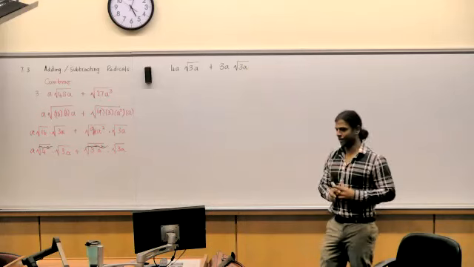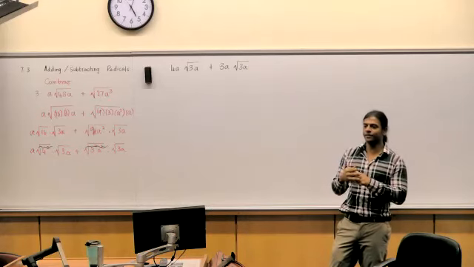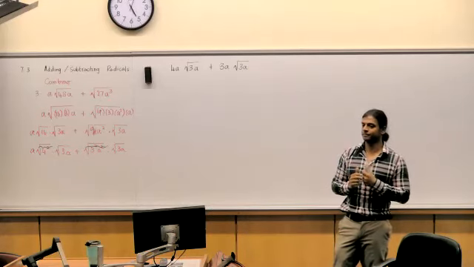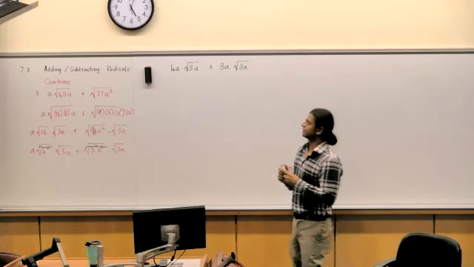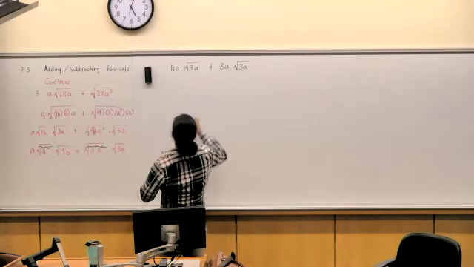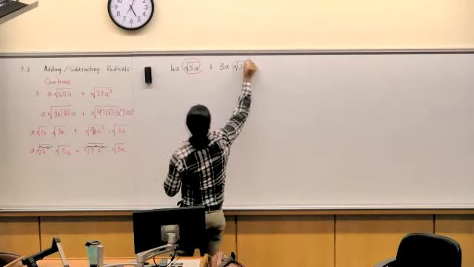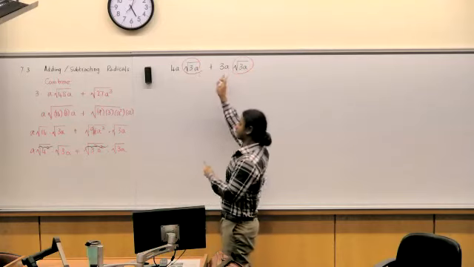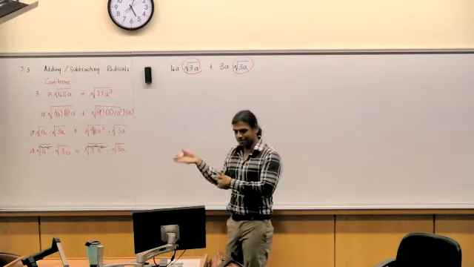In total, how many square roots of 3a's do we have? 7a. So again, 4a monkeys plus 3a monkeys, 7a monkeys.